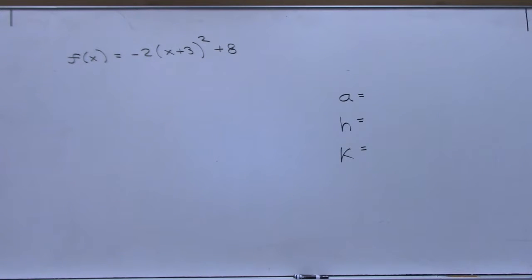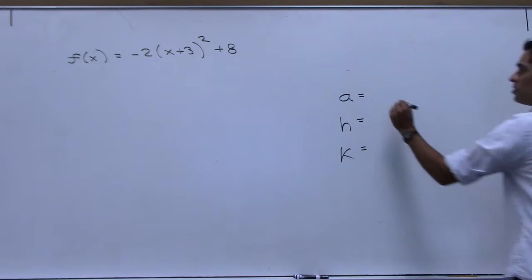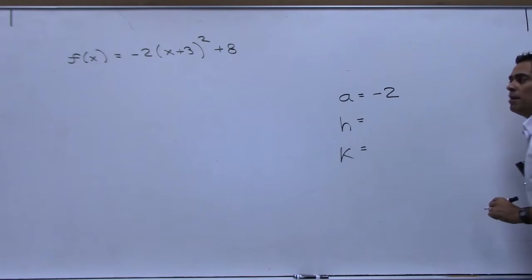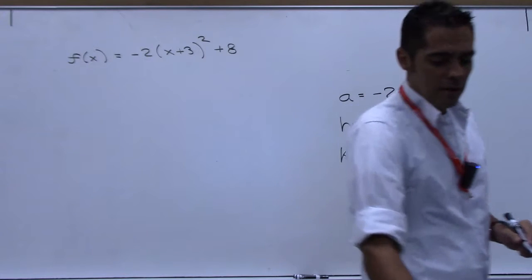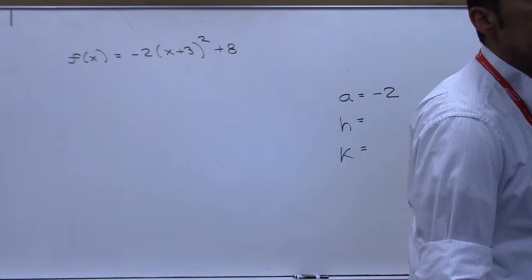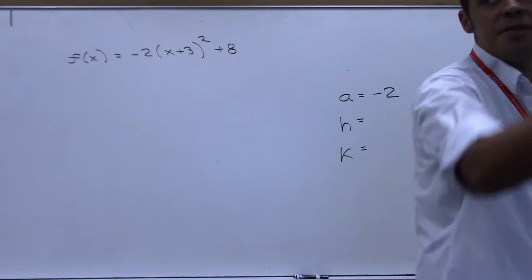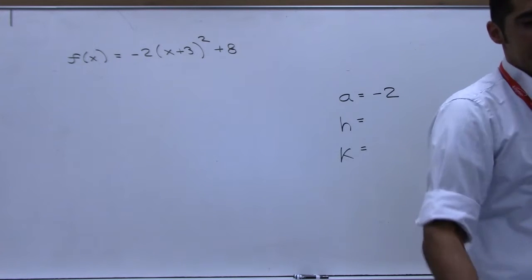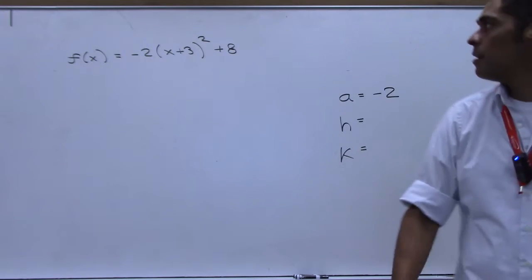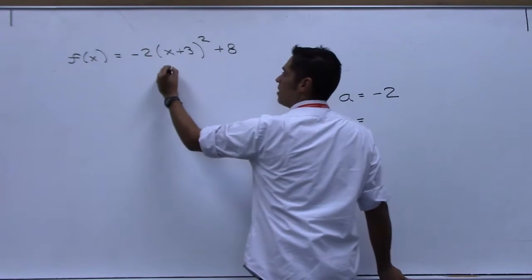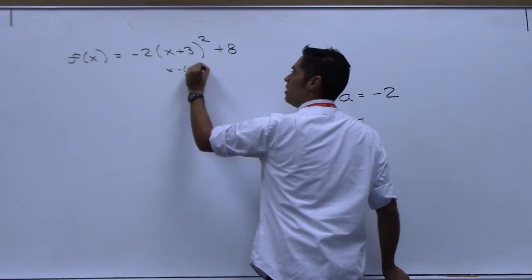So be careful here. What's A? -2. What is H? -3. It's the opposite of what you see here, because in the formula, back up in the formula, it had a minus in the parentheses there. And so that gets a little tricky. So I would just tell you that x plus 3 is x minus -3, isn't it?